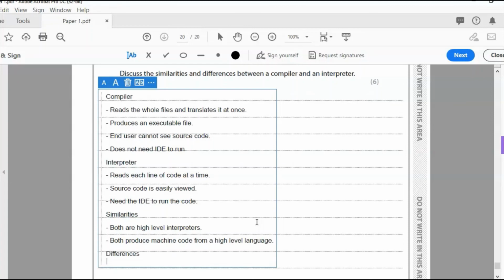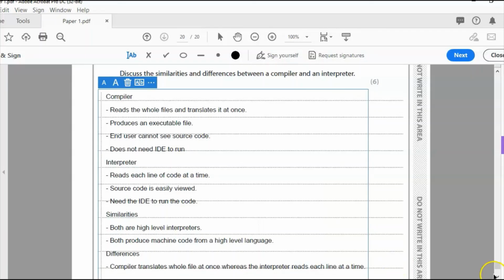Well, again, we're just picking out what we've written before. So compiler translates whole file at once. Whereas the interpreter reads each line at a time. What else can we say?